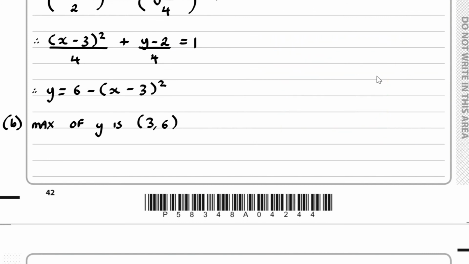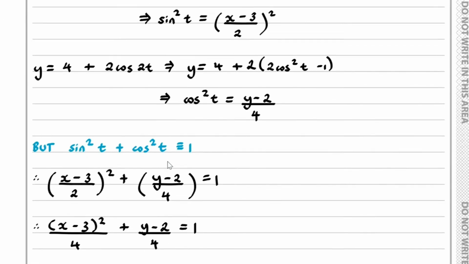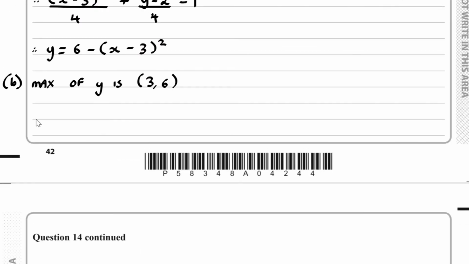So, for us to find the minimum and maximum of sine, well, I know what x is, that's 3 plus 2 sine t. So, I know already that the maximum of sine t is 1, and therefore x max is equal to 3 plus 2 times by 1, which is 5.